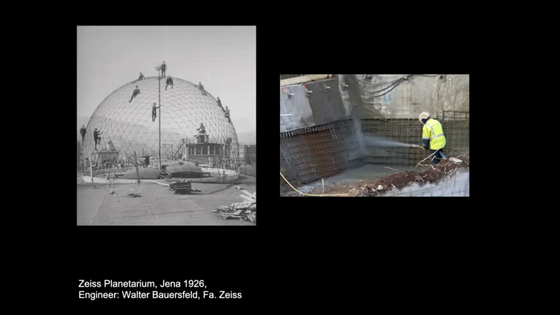So the idea of the planetarium in Zeiss comes along with another very important technique which was developed at that time, the technique to spray the concrete, to have a very fluid material and to spray it like you can see it on the picture on the right, which is a contemporary picture I took, not out of the time, but the technique is the same.